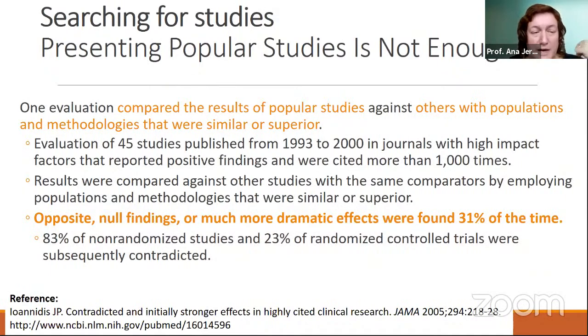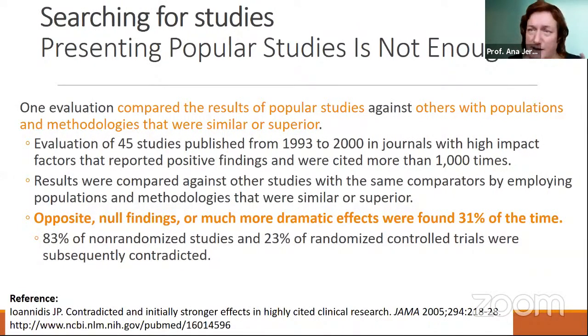However, in the work by John Ioannidis in JAMA 2005, John compared 45 popular studies with other studies with populations and methodologies that were similar or superior to these popular studies.